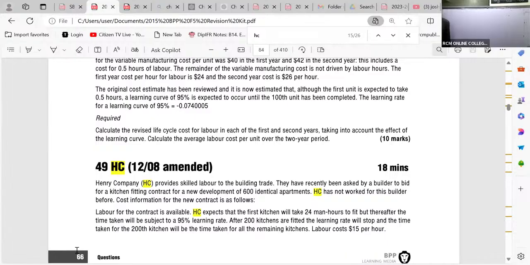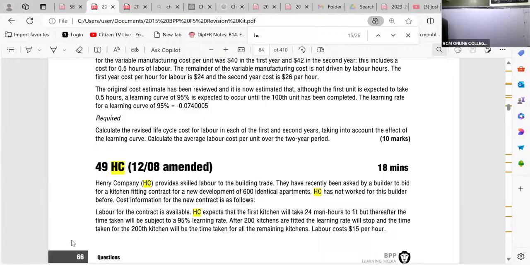Once you get this question on learning curves, please mention there Y for yes. So the mass will be... Mention the Y for yes.